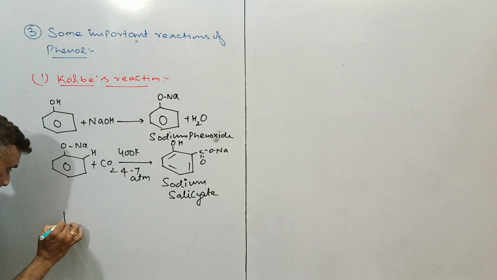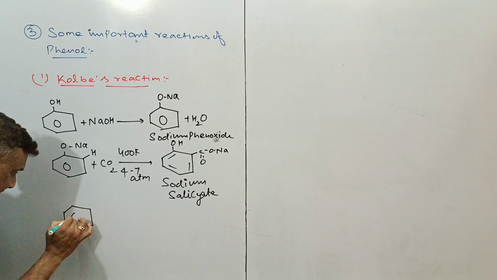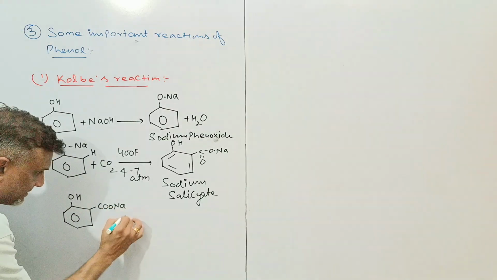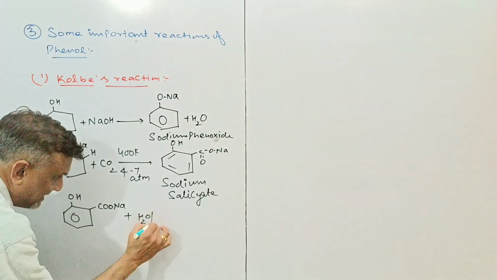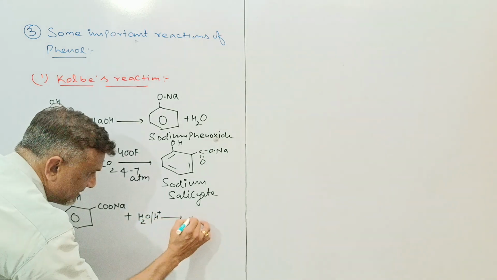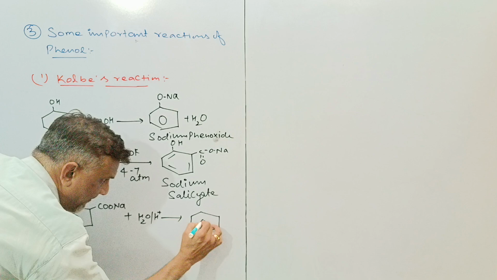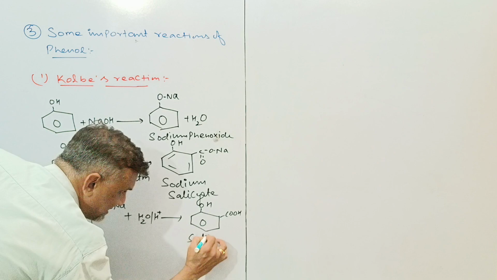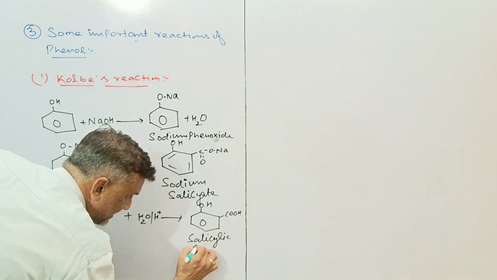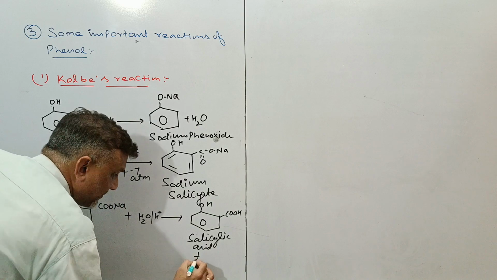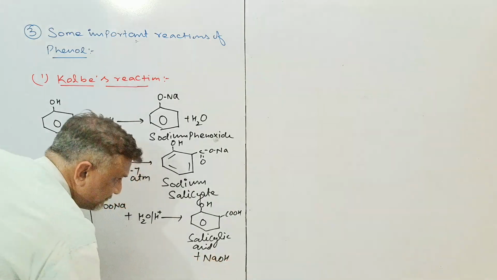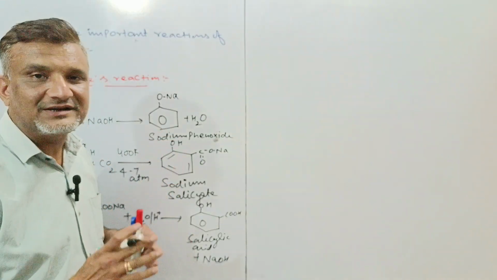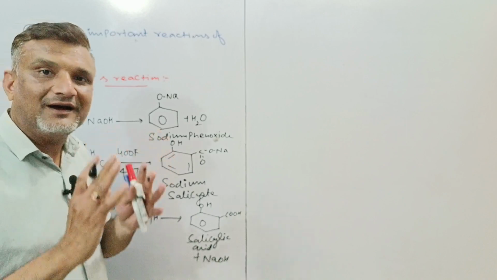Whenever we hydrolyze the sodium salicylate with H plus, here OH and COOH are formed. This is known as salicylic acid. It is a very important compound, used to form the aspirin drug, which is given to heart patients.